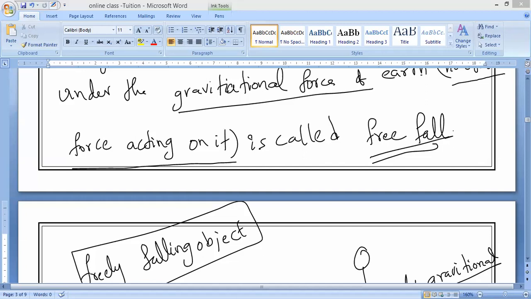So here, listen very carefully all of you, what Galileo has suggested. The slow speed of a feather while falling is due to the fact that its surface area is very large compared to its mass.